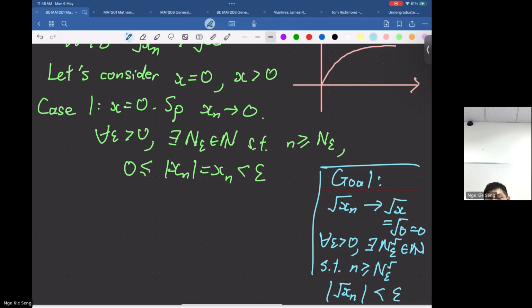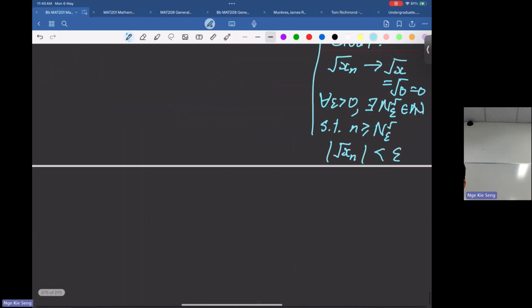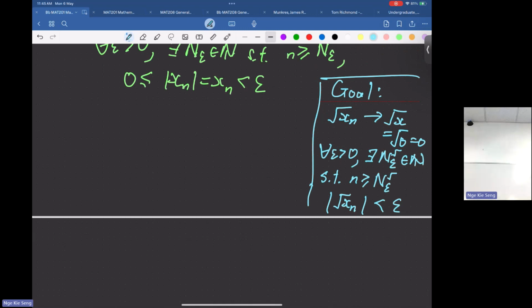Can we do it or not? How? Square what? If you square both sides, this is true.